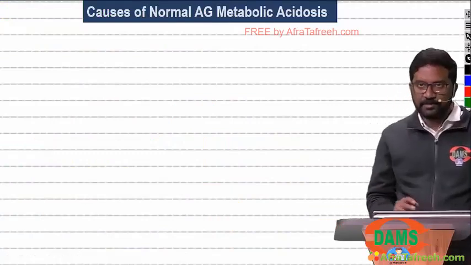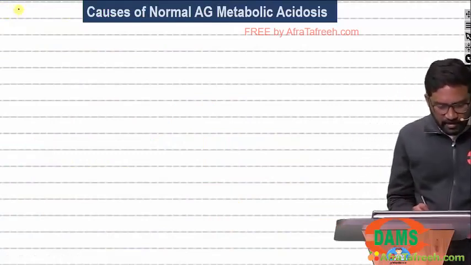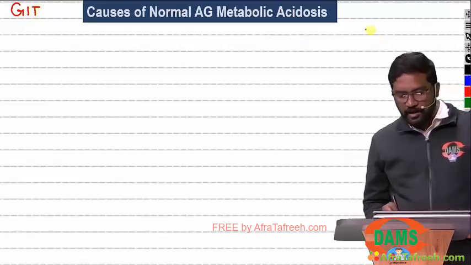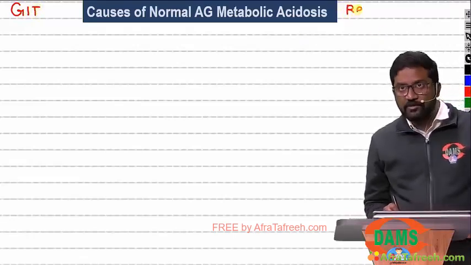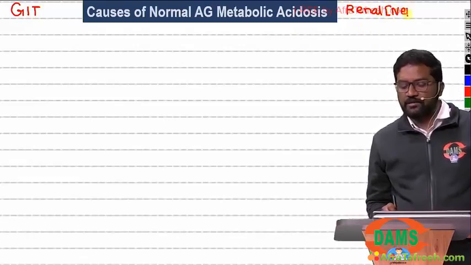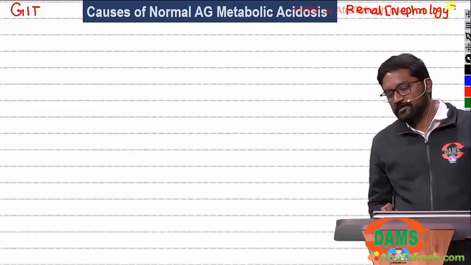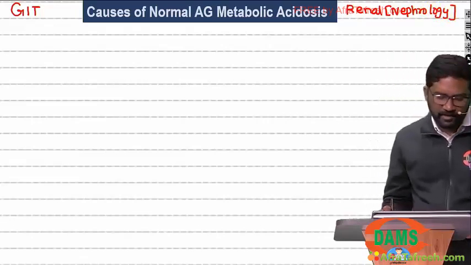This can be classified into a GIT cause and a renal cause. The renal cause in detail will be discussed in your nephrology, but what is required for ABG I will let you know here.